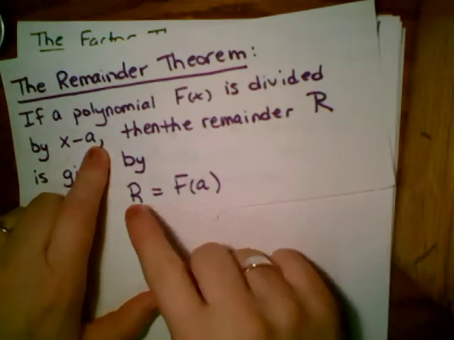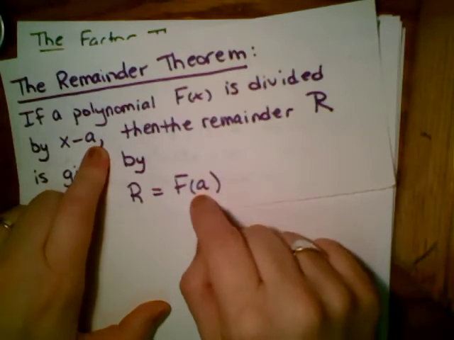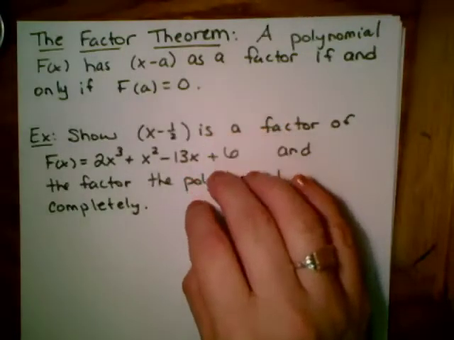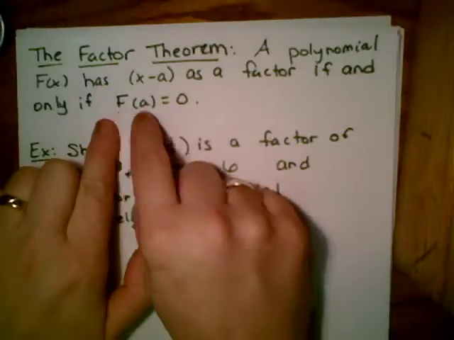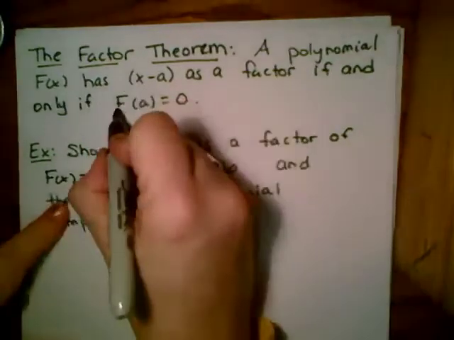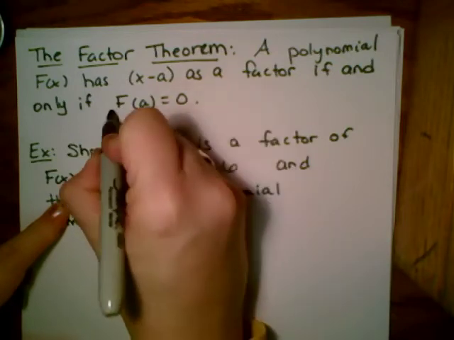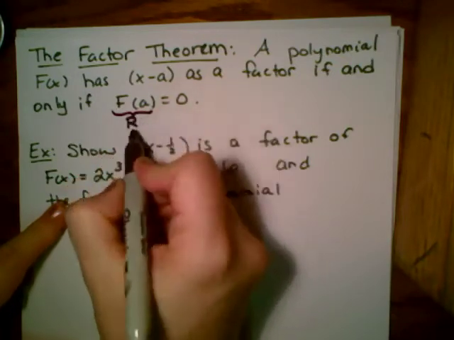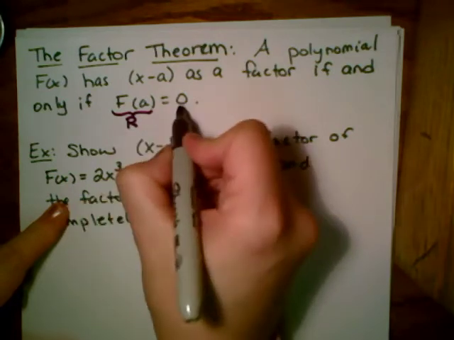Okay. Now let's say the remainder is a number 0. Well, that's nice. That means the division has come out evenly, no remainder. And that brings us to the factor theorem. So if we evaluate a function at a number a and we get 0, from the last theorem, that's telling us the remainder r from polynomial division would have been 0.